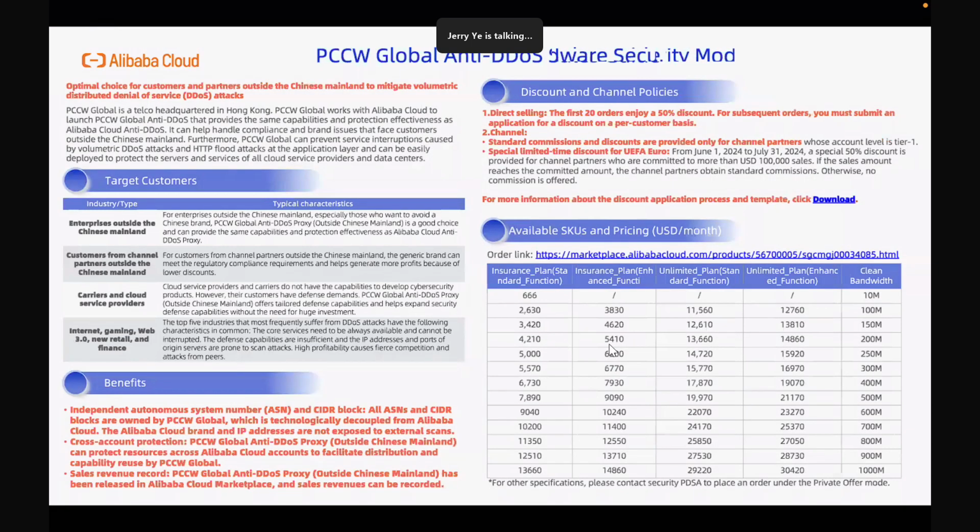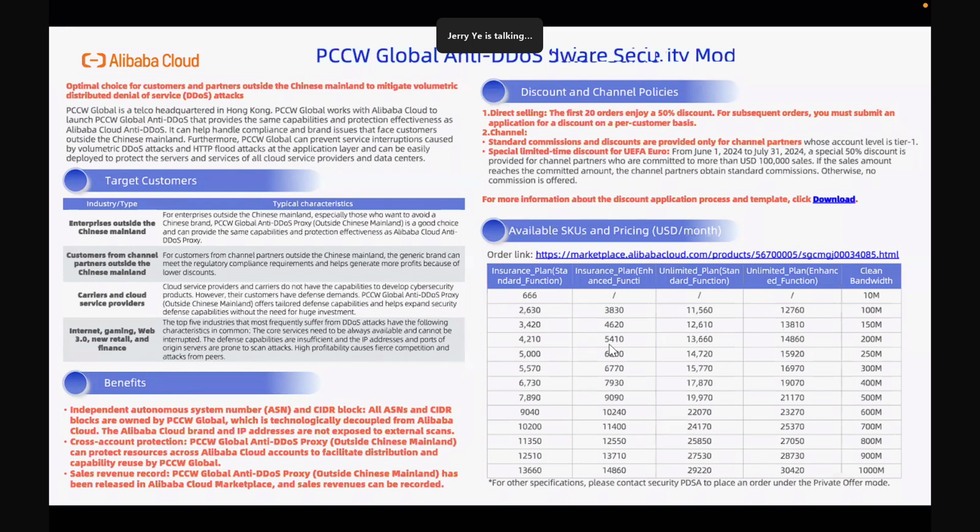So here I would like to introduce two products. The first one is the PCCW Global Anti-DDoS Solutions. So this one is the proxy. I have introduced anti-DDoS proxy before, right? So you can think there are some differences between Alibaba Cloud anti-DDoS and PCCW anti-DDoS, but the mechanism will be the same.